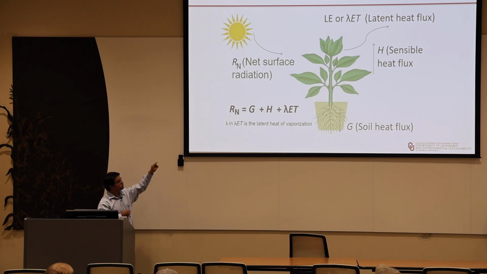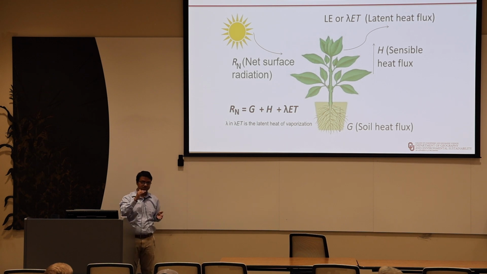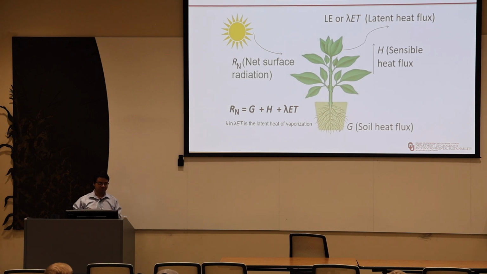So RN is the total energy that is available, and some of the energy is used to heat the soil. G is the soil heat flux. When there is a change in temperature, that means there is also a transfer of energy or heat.